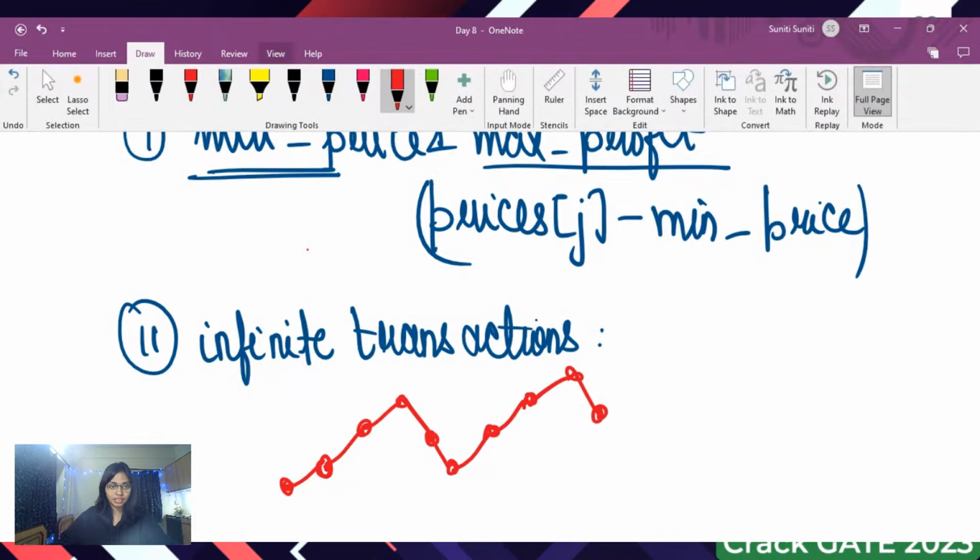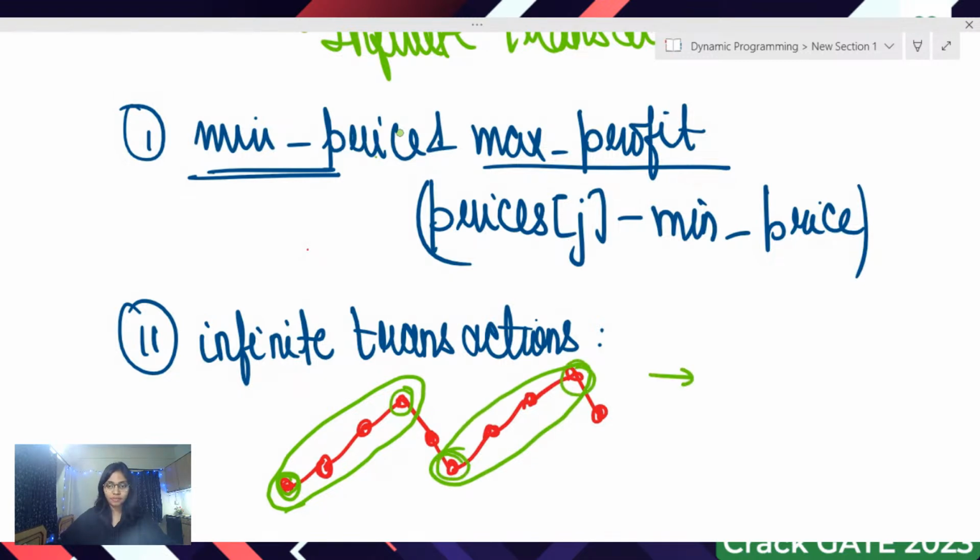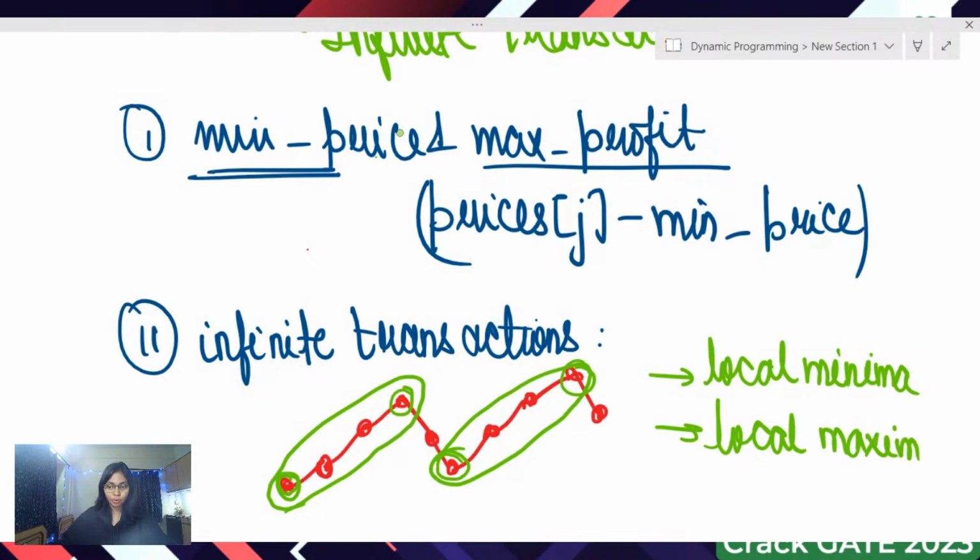We consider this as one segment: at this point we bought the stock, and at this point we sold our stock. Then again we considered this segment: at this point we bought the stock, and at this point we sold the stock. So we were looking for local minima and local maxima, and using that to find the maximum profit.